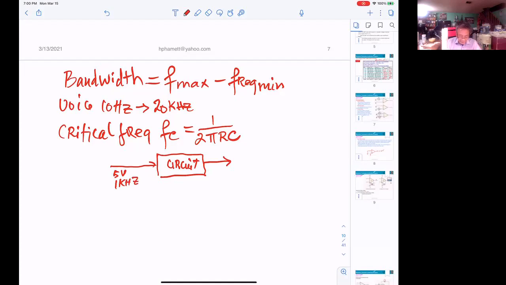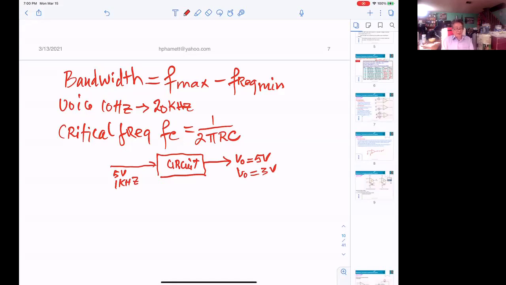When it comes out here, if you get VL equal 5 volts, that means you have not lost any voltage. Whatever comes in will come out. However, if you get Vout only 3 volts, that tells you you lost 2 volts.